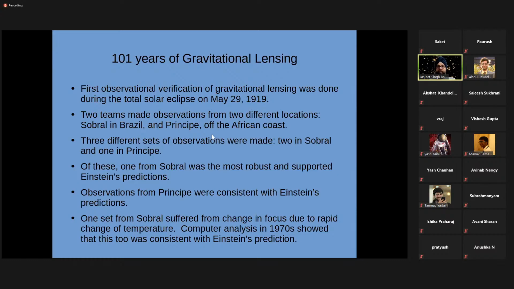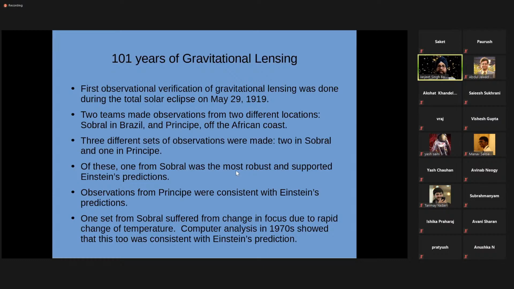So they realized between the two of them that the forthcoming eclipse in 1919, in fact, May 29, 1919, would be an excellent opportunity for two reasons. One is that the duration of the eclipse was one of the longest. It was going to be almost 6 minutes long.